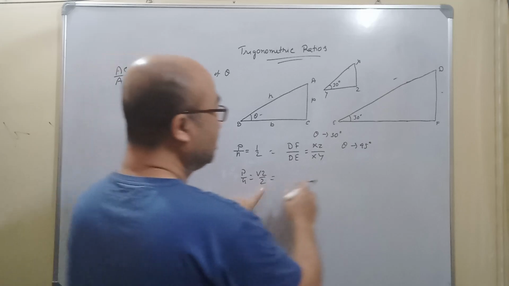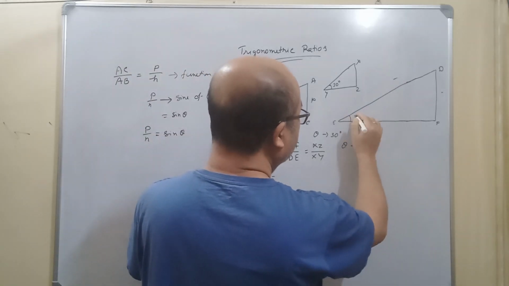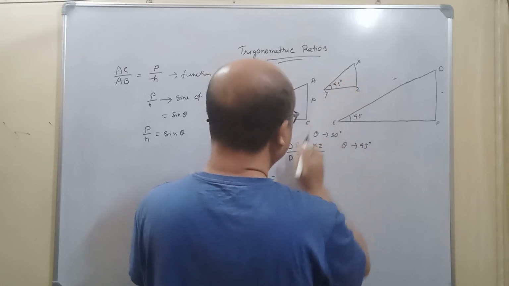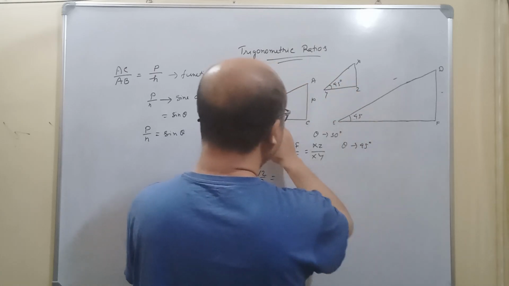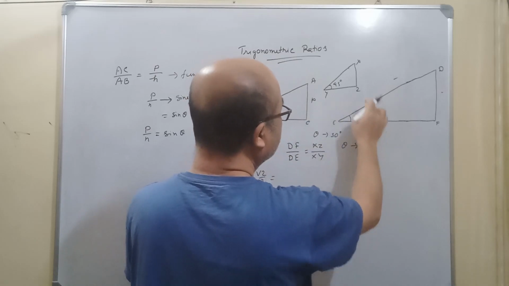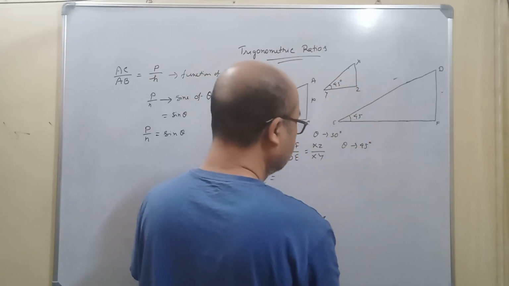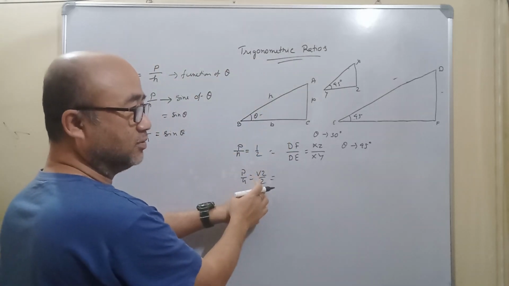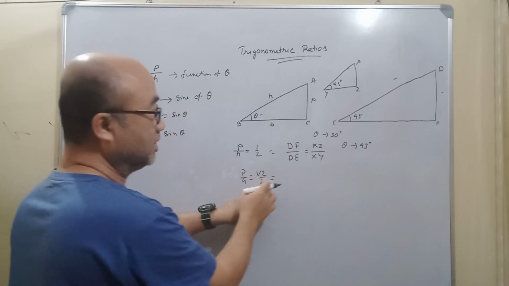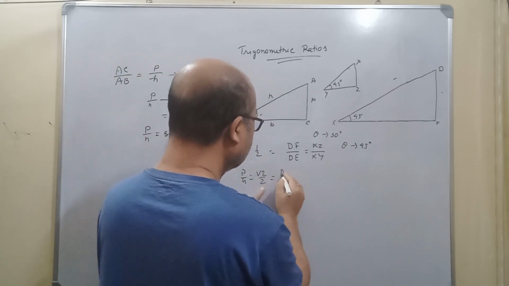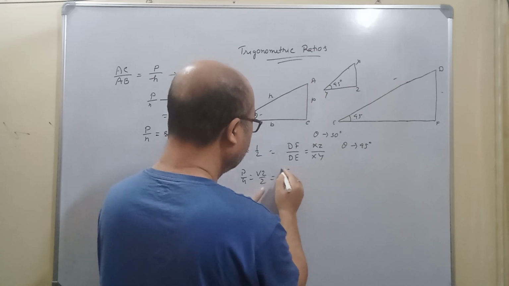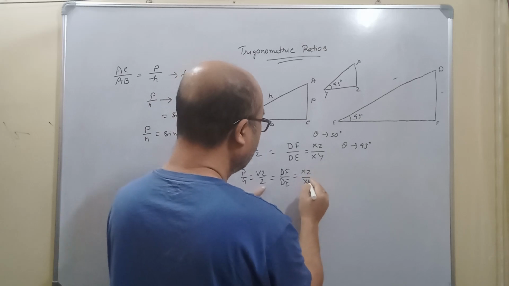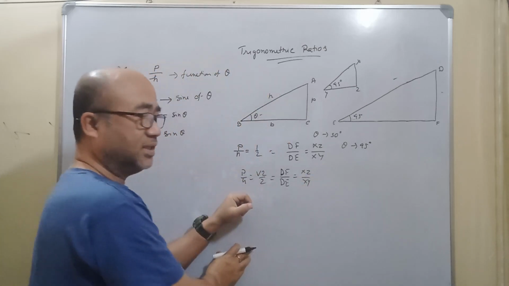We assume that this is 45 degree, so it is also 45 degree. Because theta is changed, the value of P by H becomes something else, root 2 by 2. So root 2 by 2 is equal to again DF by DE, XZ by XY. See?